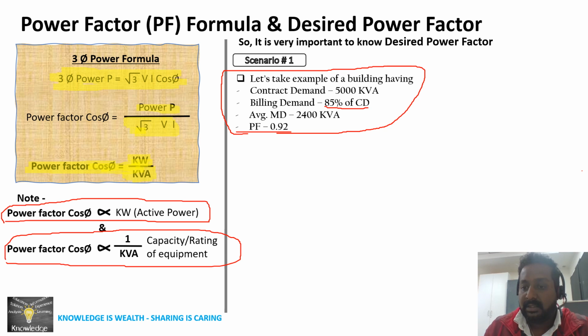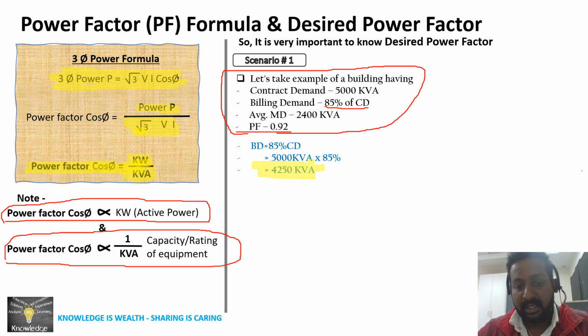For this, let's start with the billing demand calculation. It is 85% of contract demand. So 5000 kVA into 85%, that is 4250 kVA, is our billing demand.